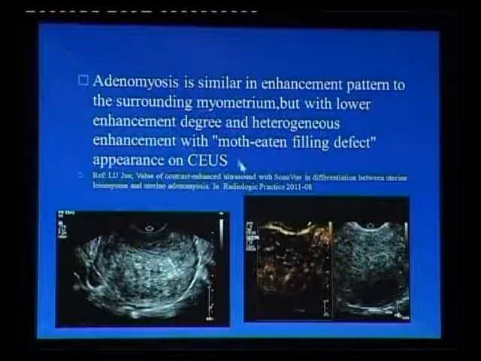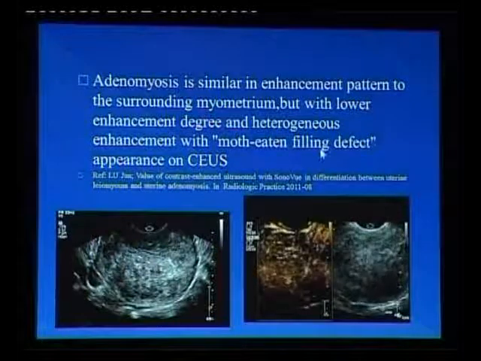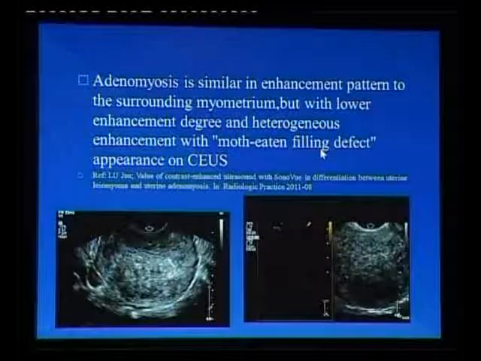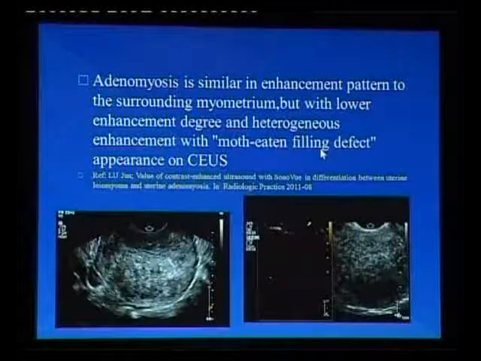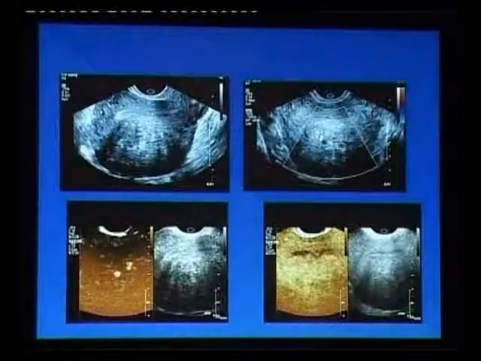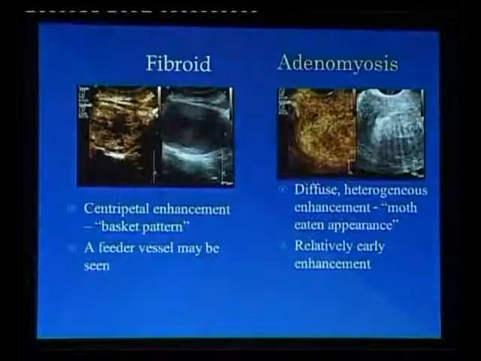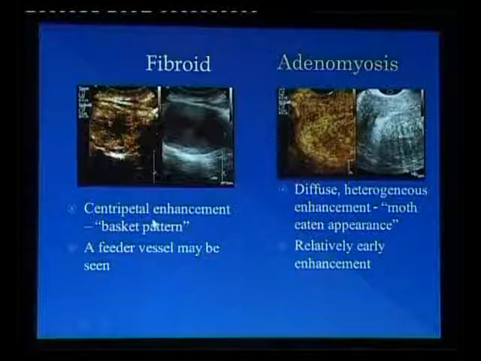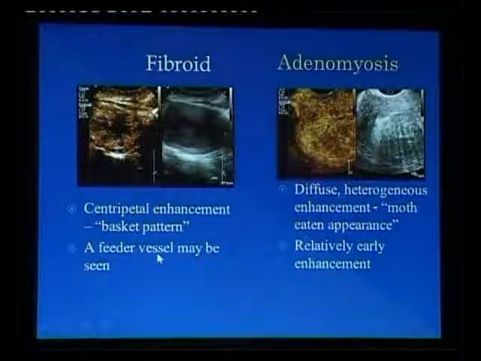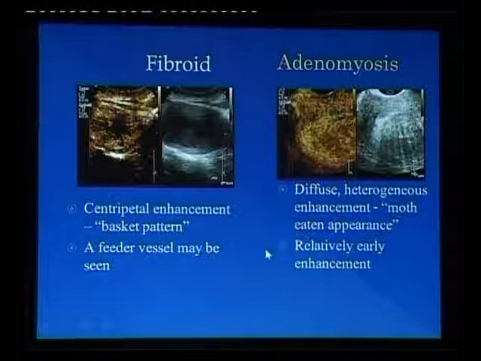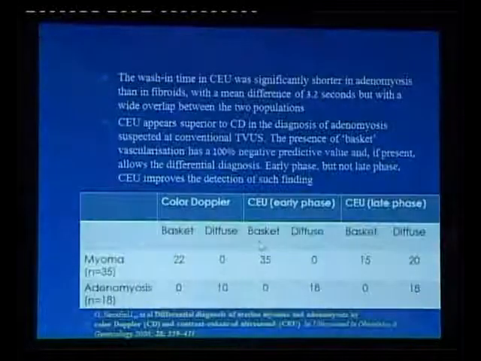This is very often referred to as a moth-eaten filling defect within the adenomyotic uterus with contrast. So that's another typical example of focal adenomyosis on the posterior wall. Basically, this basket pattern is typical of fibroid. We might see a feeder vessel, whereas this moth-eaten appearance is very typical of adenomyosis.